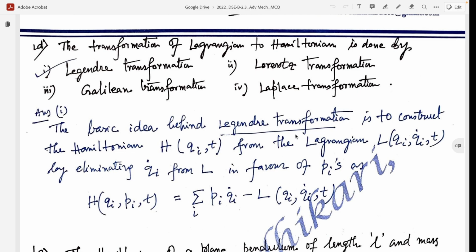This relation is the Legendre transformation.